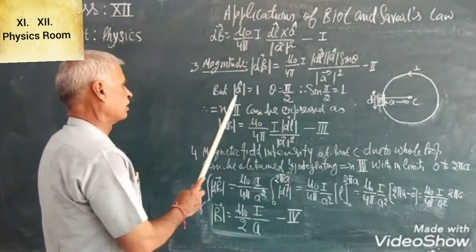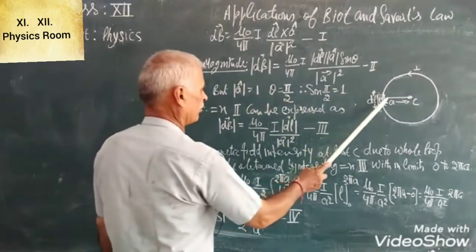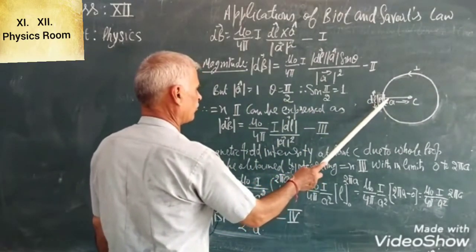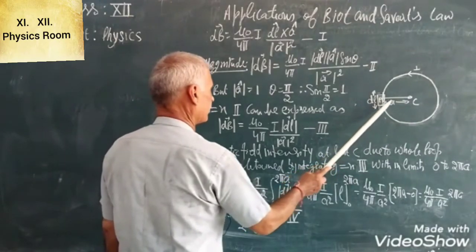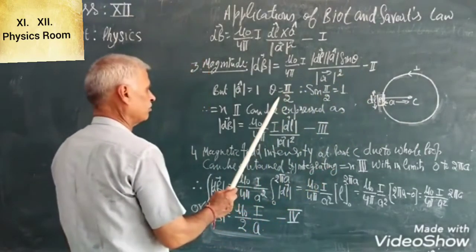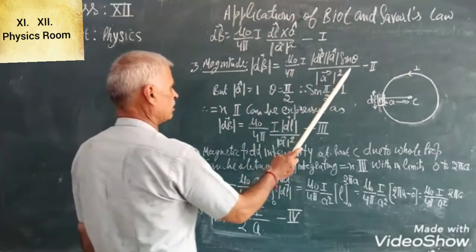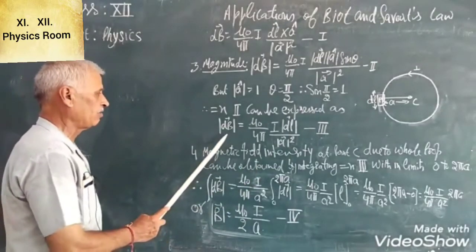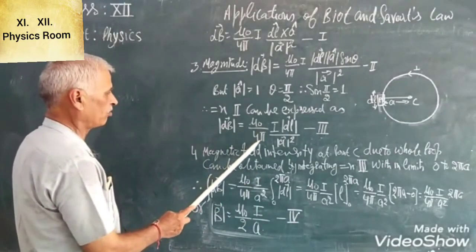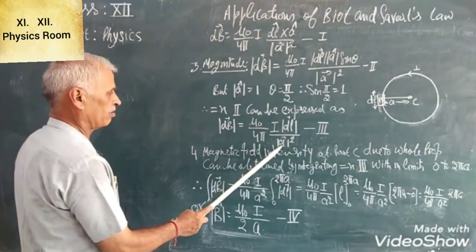But mod A cap is 1 and theta between the direction of current flow and the radius is 90 degrees, pi by 2. Therefore, sin pi by 2 is 1. So we can write expression 2 as mod dB equal to mu 0 over 4 pi, I mod dl divided by A square.